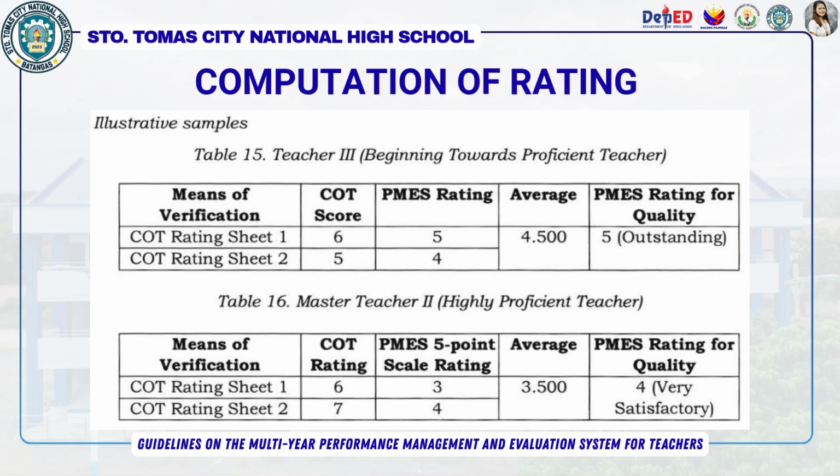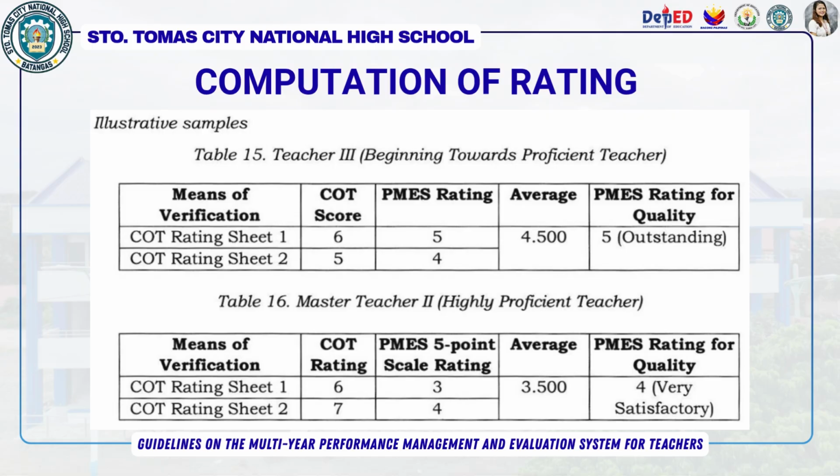Here are two examples. Teacher 3, or beginning towards proficient, observations get a 6 and a 5. The average PMES rating is 4.5. This transmutes to an overall PMES rating of 5 or outstanding. Master Teacher 2, highly proficient. Observations get a 6 and a 7.